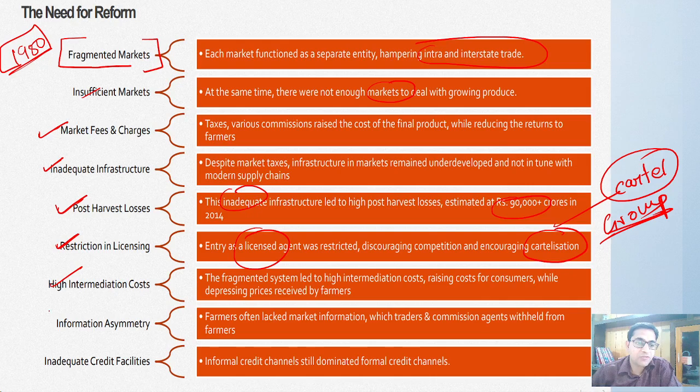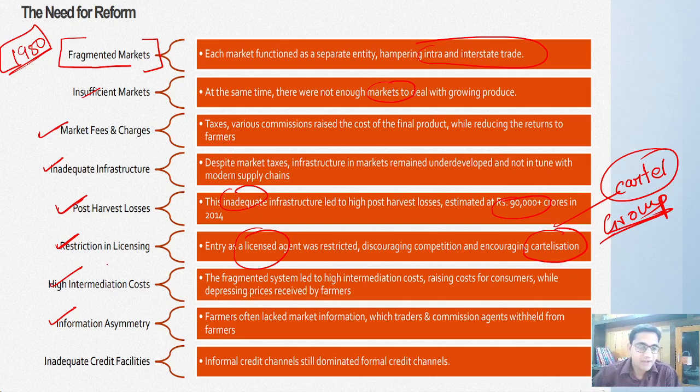Then there is a lot of information asymmetry, because we don't know what the prices are, what market rates are going on. Even those people who are present in the market don't provide proper information to the farmer. Traders and commission agents normally hide the information from the farmer, because they take advantage of the illiteracy of the farmer.